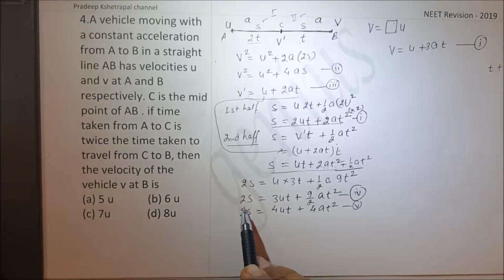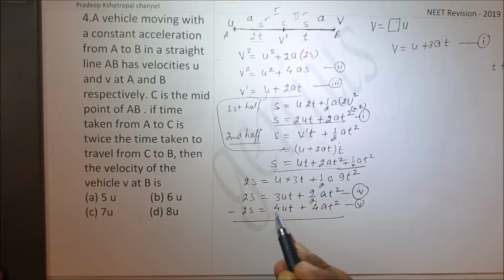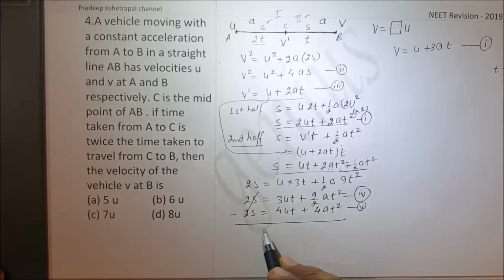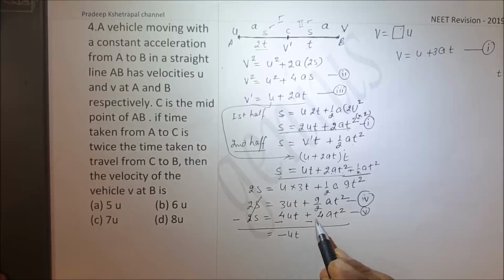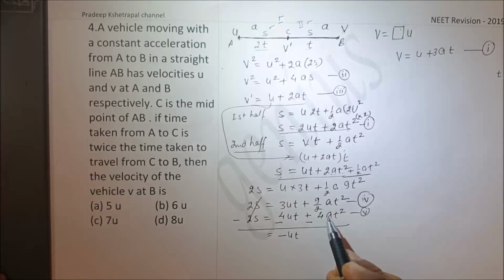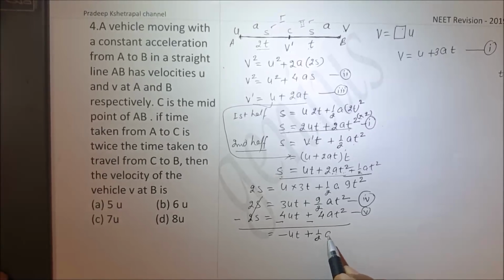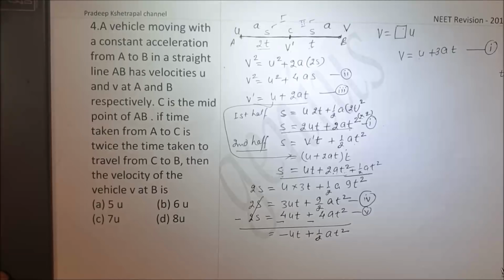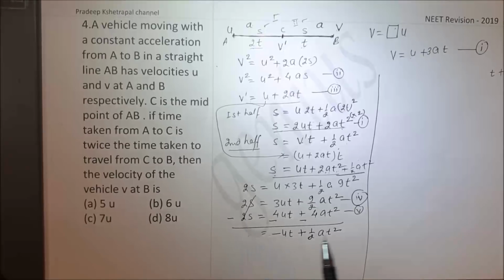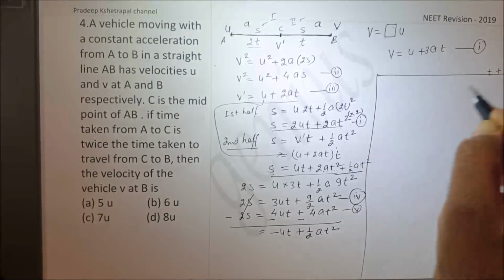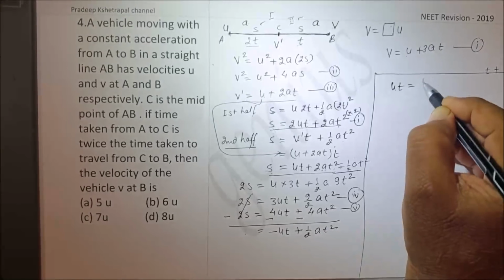Now see, 2S is equal to this, 2S is equal to this, and if we do the subtraction, this is cancelled, and what we get here is minus ut, and this is 4 and half, this is 4, so this is plus half at square, and this gives us what? Ut, put it on this side, so this comes to be ut is equal to half at square.